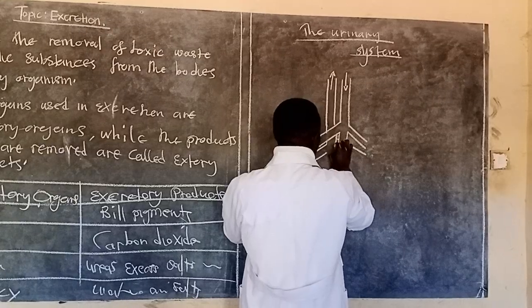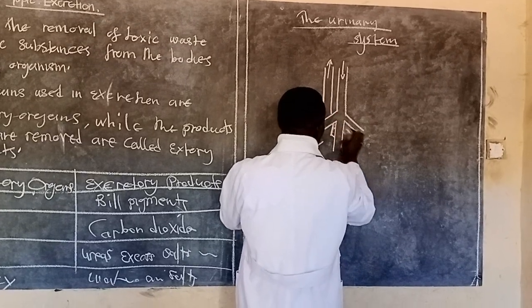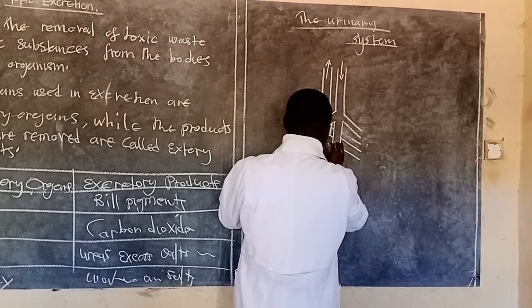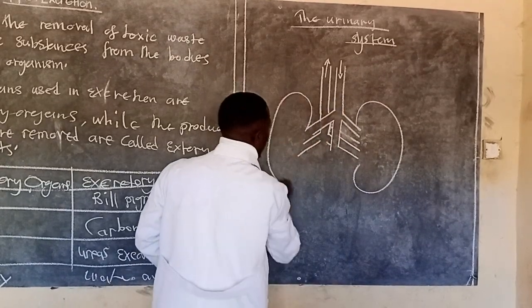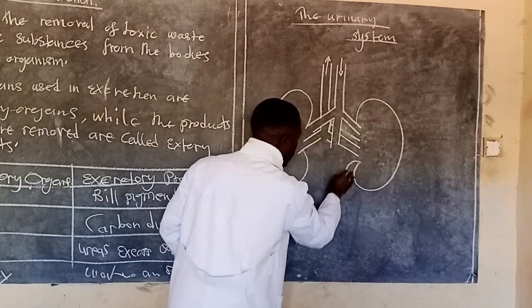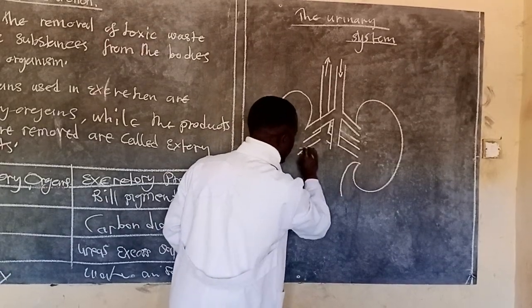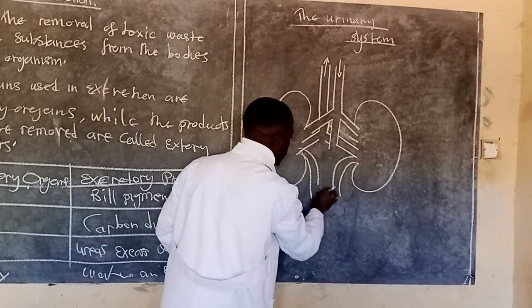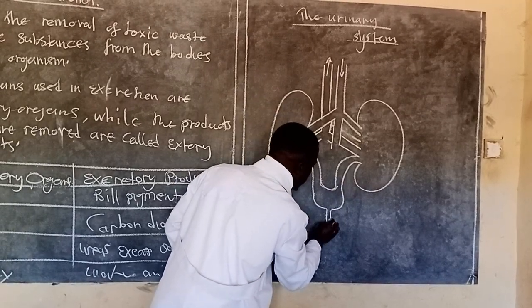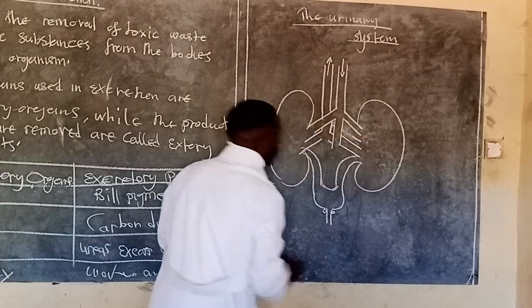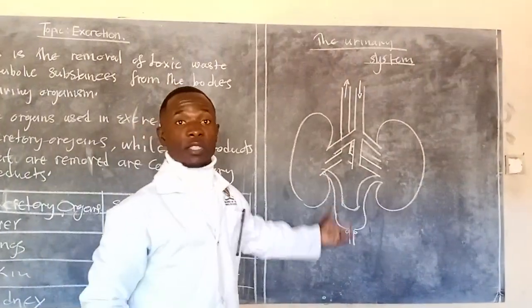Let's make it neater. Like this. Here you have a kidney, and here you have a kidney. Then you have something like this. This is what we call the renal system.